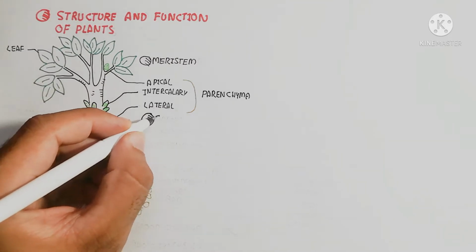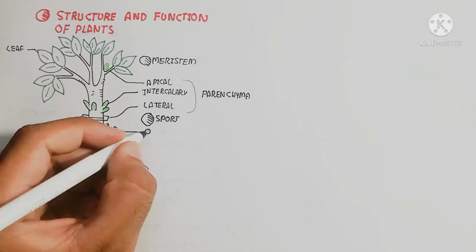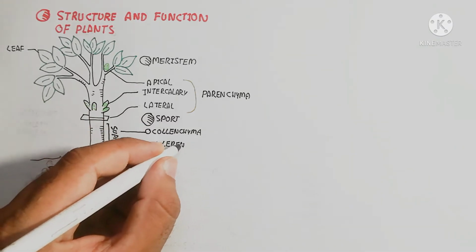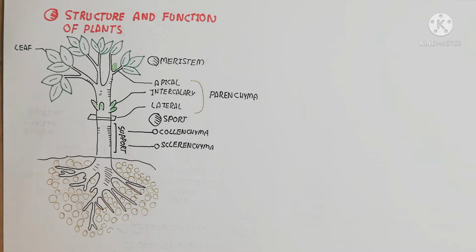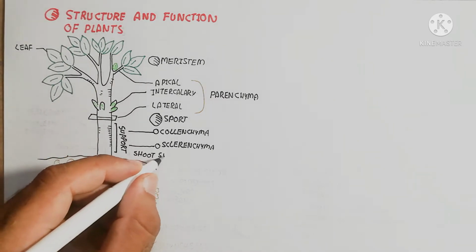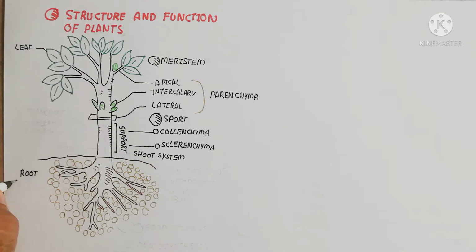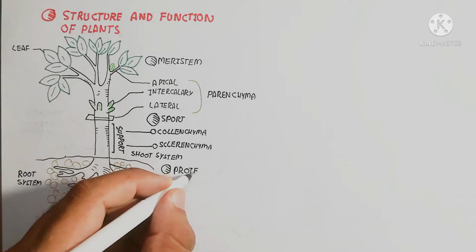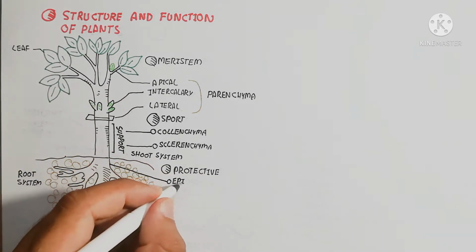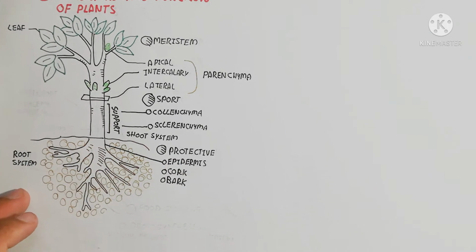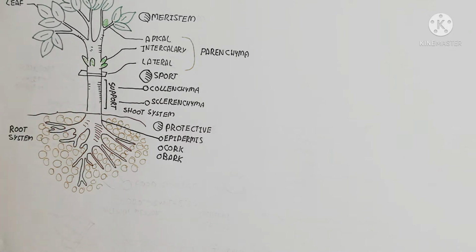While here is the shoot system in the form of stem and branches, which is basically collenchymatous tissue and sclerenchymatous tissue, collenchyma and sclerenchyma cells, which are non-living and in the form of xylem. They are made up of pectin and cellulose, which is used for rigidity and support, and flexibility also due to the deposition of suberin.